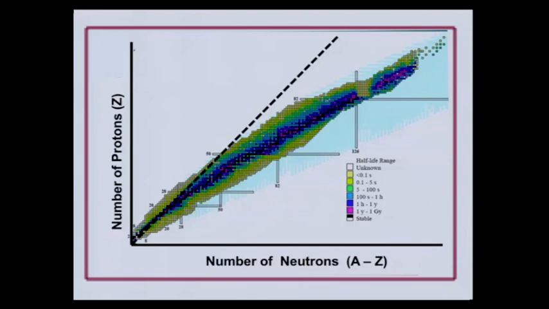And so the line of stability actually comes in below that 1 to 1 ratio, which means we have more and more neutrons per proton. That ratio gets bigger and bigger. Now that ratio is actually 1.5 to 1.